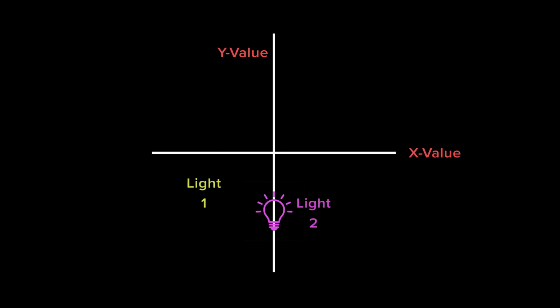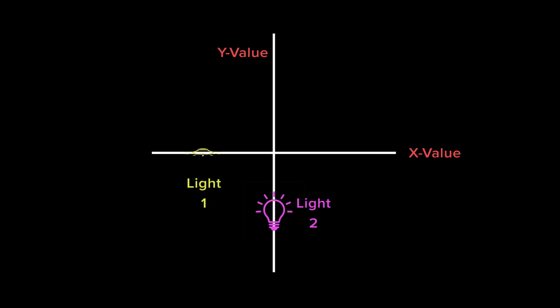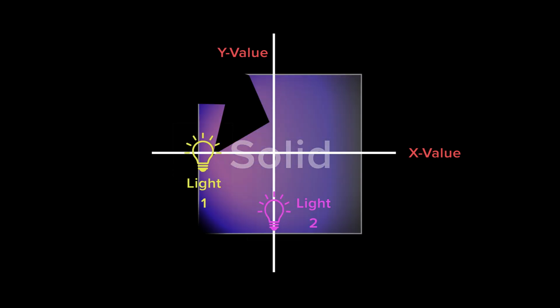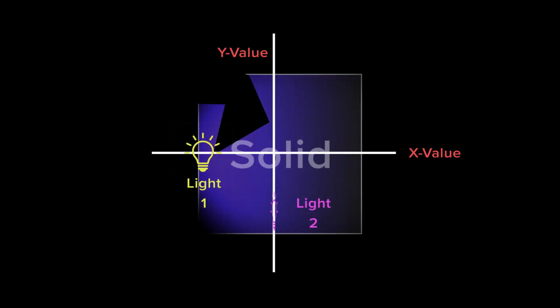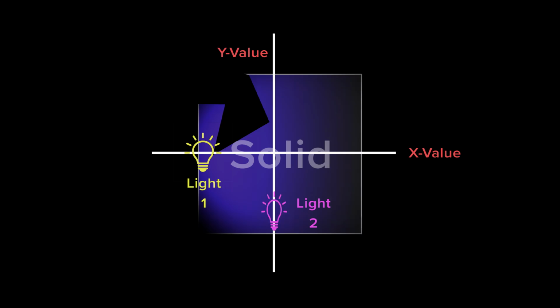When rotating around the X value, or the horizontal stick, we will be moving the light up and down, while the other is attached to the Y value, or the vertical stick, and rotating around this one instead, so it can only turn to the left or to the right.